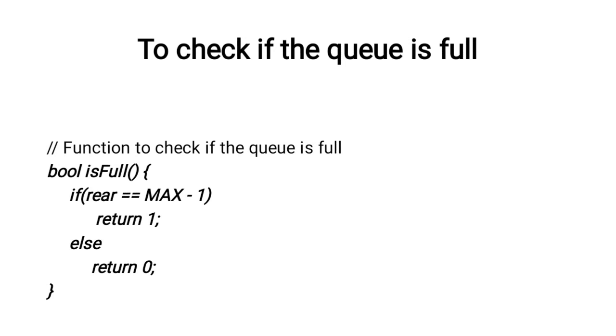It means that we can only access from position 0 up to position max minus 1, meaning that I'll be holding 1000 elements over there. So if it returns 1, it is true that the queue is full. But if it returns 0, it is false that the queue is full.